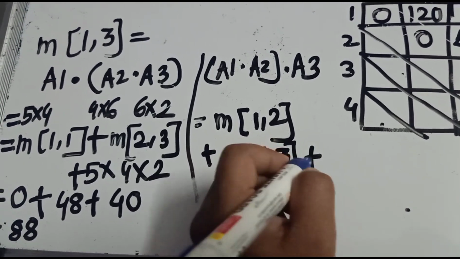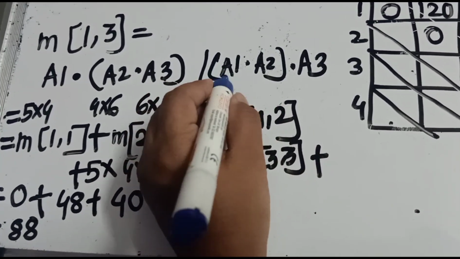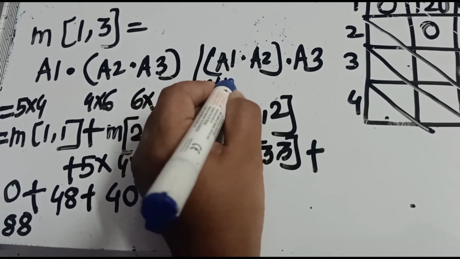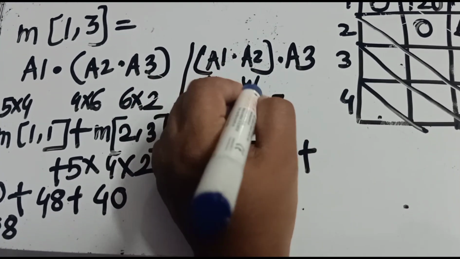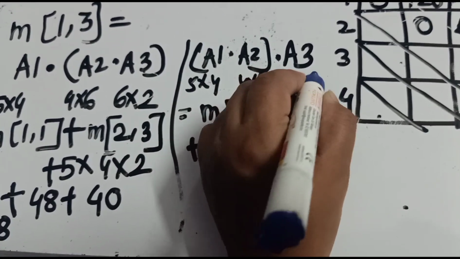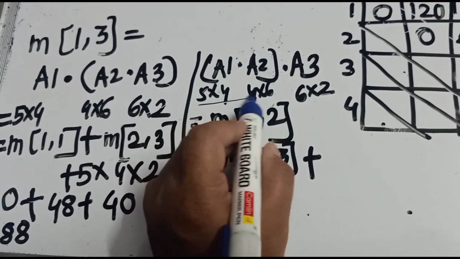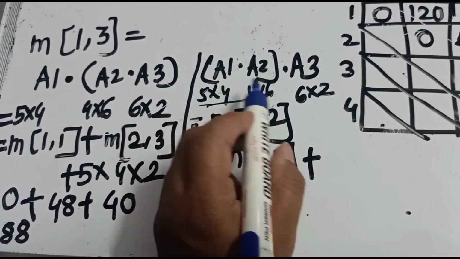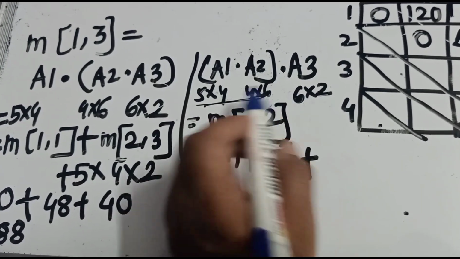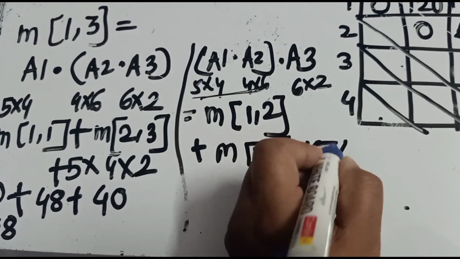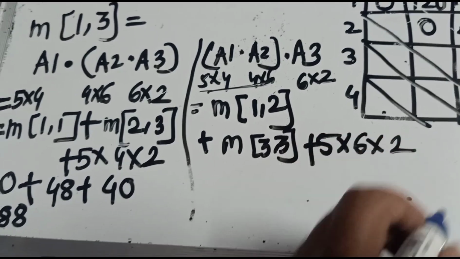Plus, here the dimensions are A1 5 by 4, A2 4 by 6 and A3 6 by 2. Here the resultant dimensions will be 5 by 6 and here it is 6 by 2. 6 is common, so it will be 5 into 6 into 2.